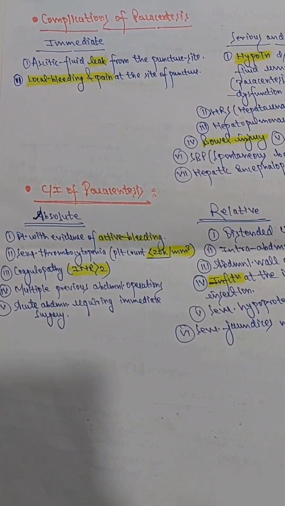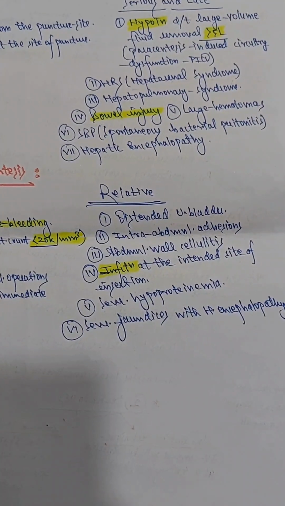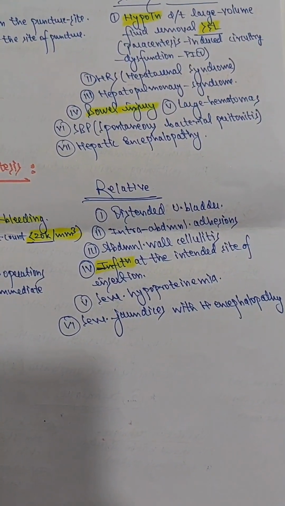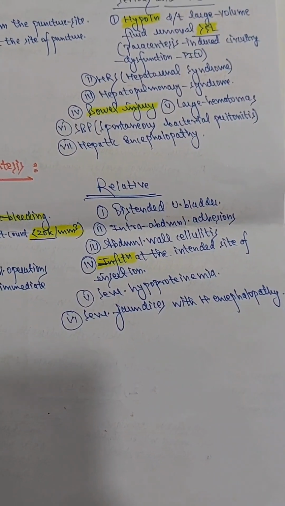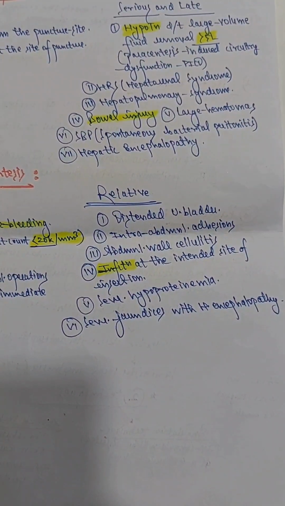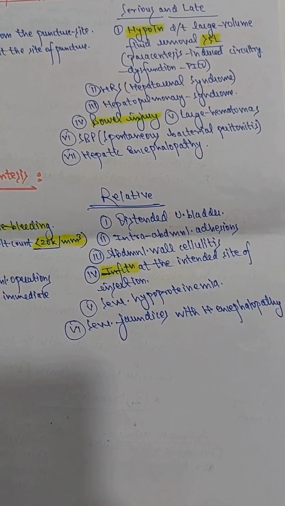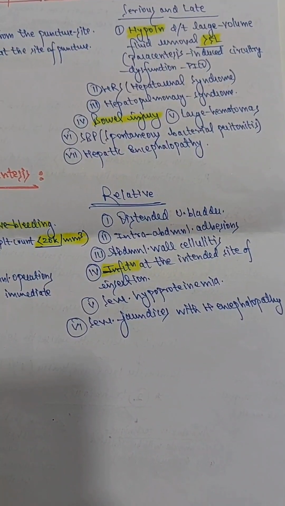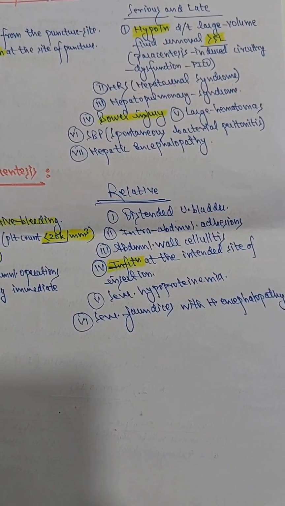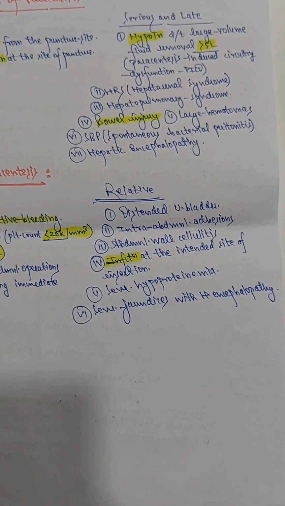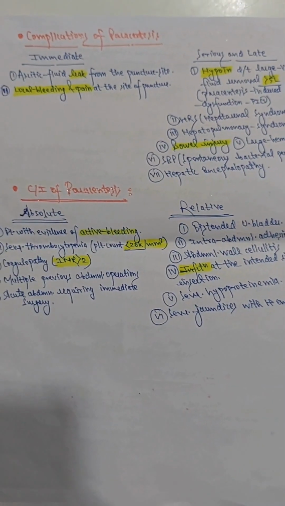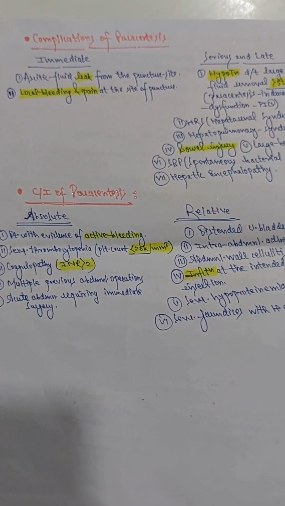Then the relative contraindications include distended urinary bladder because it can lead to perforation, intra-abdominal adhesions, abdominal wall cellulitis, infection at the intended site of insertion, severe hypoproteinemia, severe jaundice with hepatic encephalopathy. So these are the relative contraindications for paracentesis.